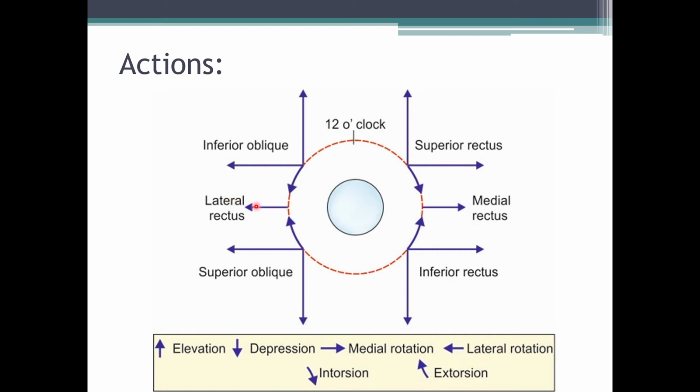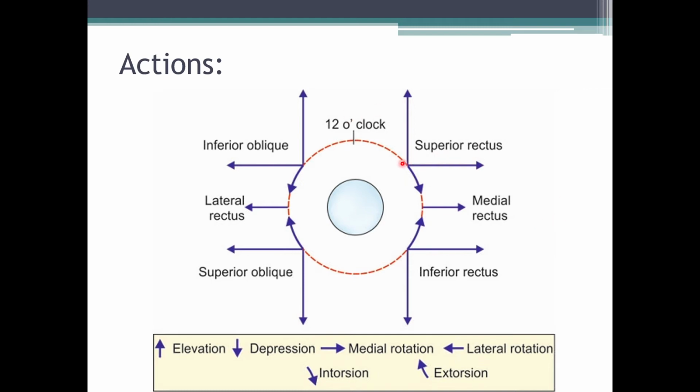Here they have mentioned lateral rotation and medial rotation, but they are also known as abduction and adduction respectively. So the main function of the lateral rectus is abduction. That means the eyeball will go out like that. And the medial rectus is adduction, like this. That is the only function of the medial and the lateral rectus.